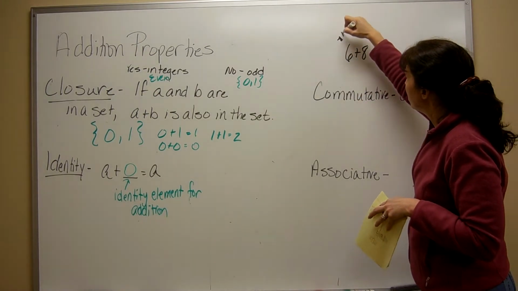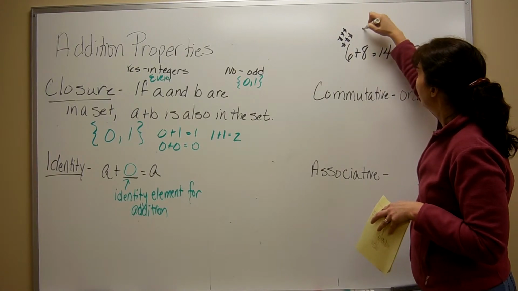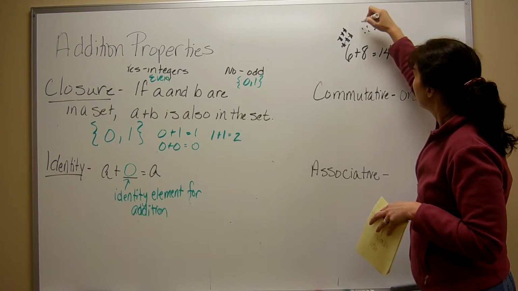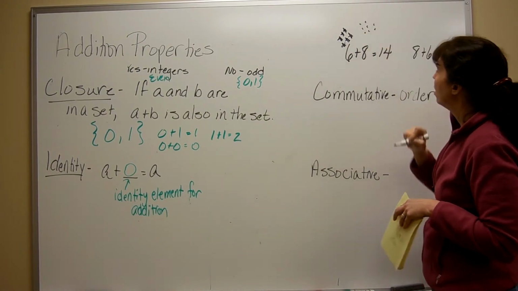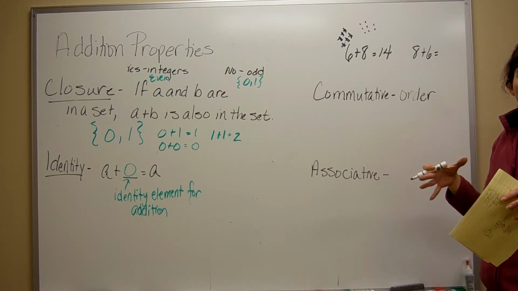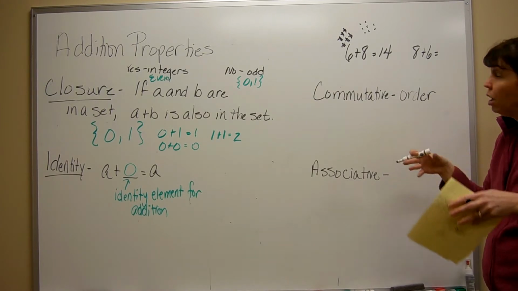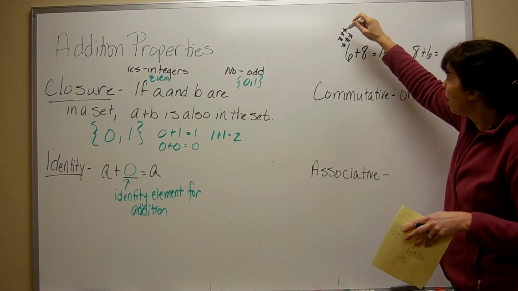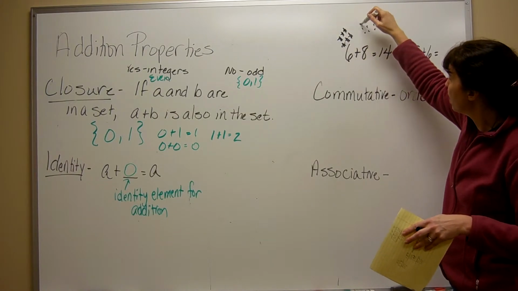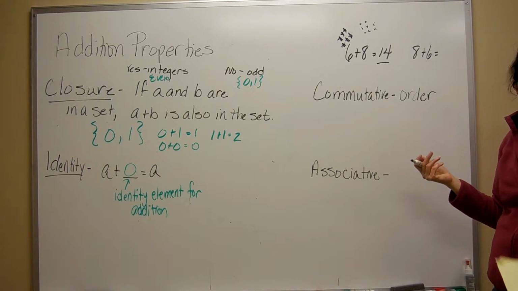So you've got 6 here, and over here you have 8. And now I'm going to put them into one set. That's what addition means. I'm going to take these two sets and create their union. And so when I create their union, I have 1, 2, 3, 4, 5, 6, 7, 8, 9, 10, 11, 12, 13, 14. I have 14 elements.